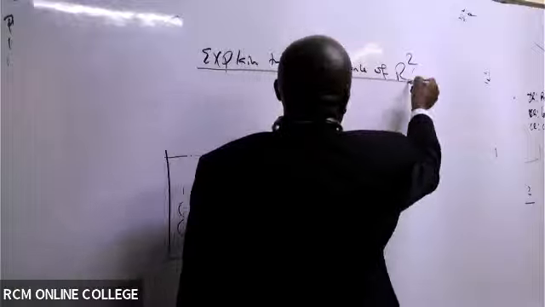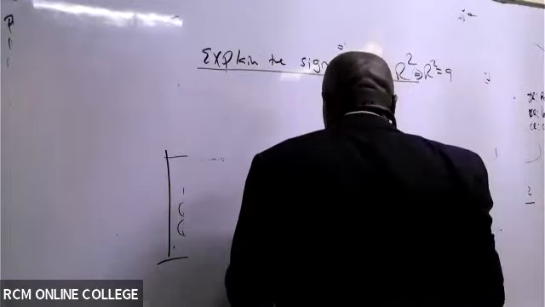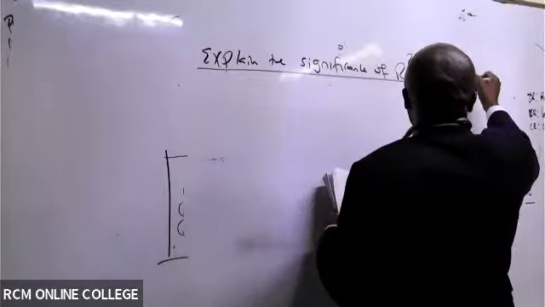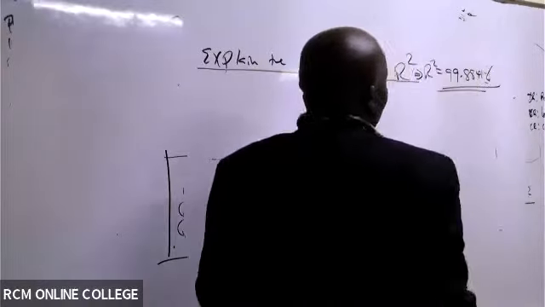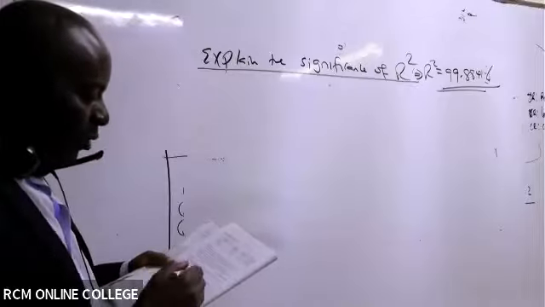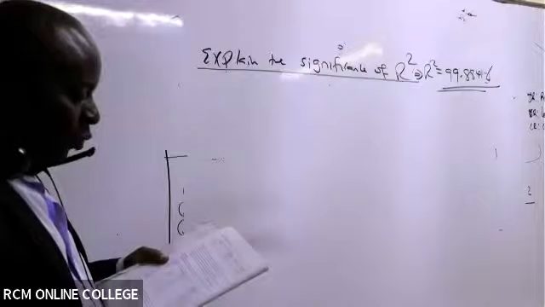And they've given us r squared of 99.8841%. I just want to make it a percentage, times 100: 99.8841.